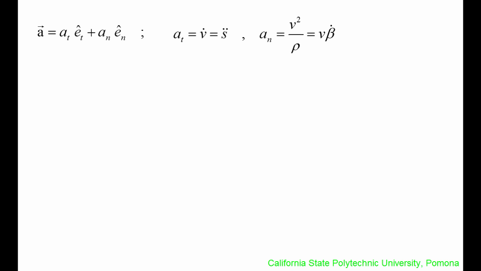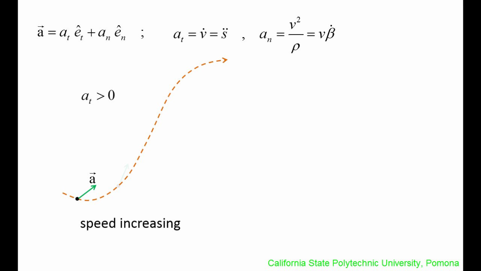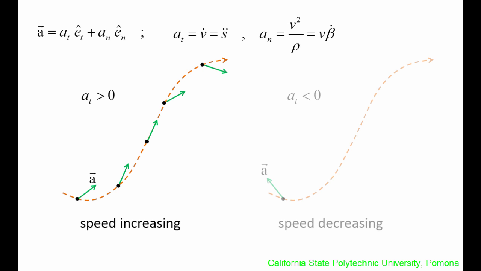Let's look at two situations where the tangential component doesn't change sign. In the situation on the left, a sub t is positive all along the path, which means the speed always increases. The acceleration vector always points toward the forward direction. In the situation on the right, a sub t is negative all along the path, which means the speed always decreases.